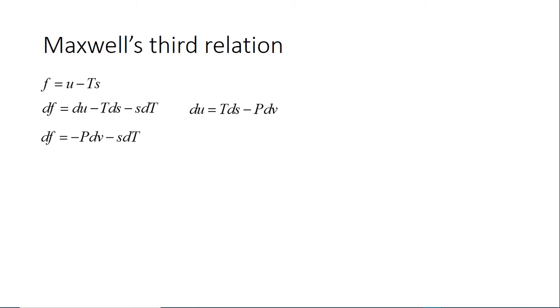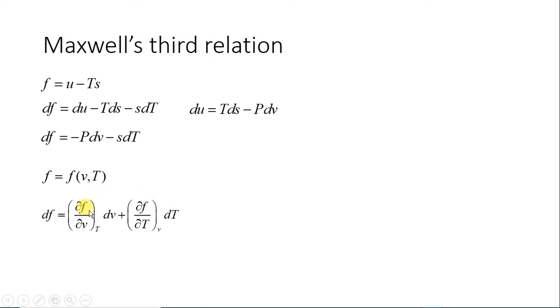Now again I can write that the Helmholtz function is a function of volume and temperature. See, all the properties will be functions of some other properties. So I am writing the Helmholtz function is a function of volume and temperature. Now when I differentiate this, what will I get? df is equal to ∂f/∂v when temperature is held constant dv plus ∂f/∂T when volume is held constant dT.